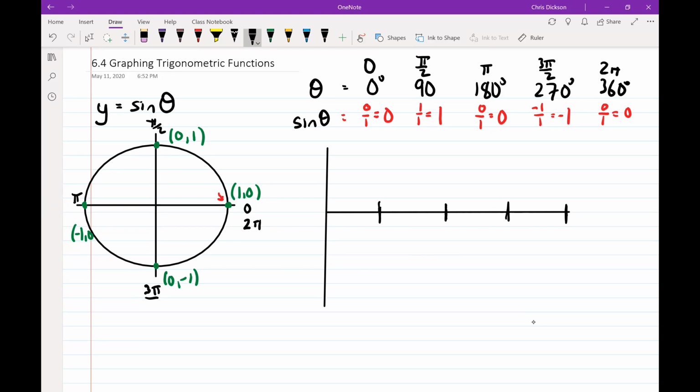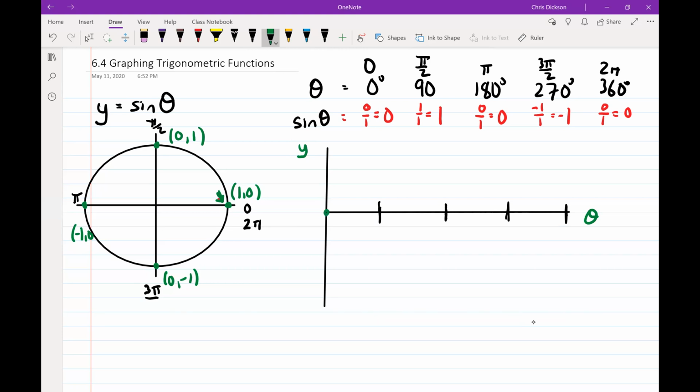Now I'm going to take this point right here and make this my theta axis, and my y-axis is going to be the height that I can reach on the circle. So when I go to the sine of 0, I'm at 0.